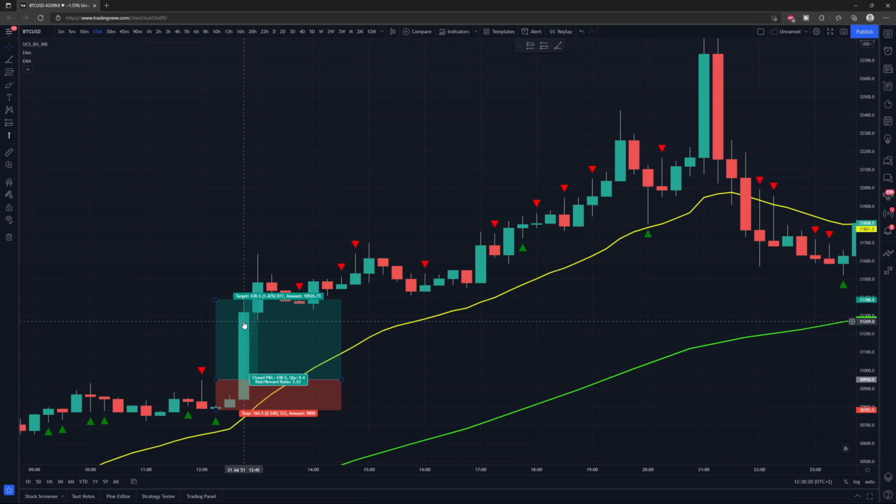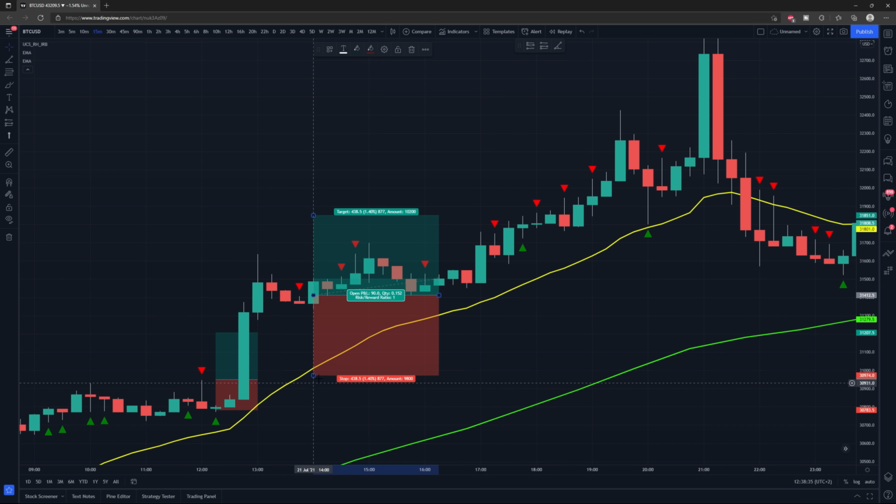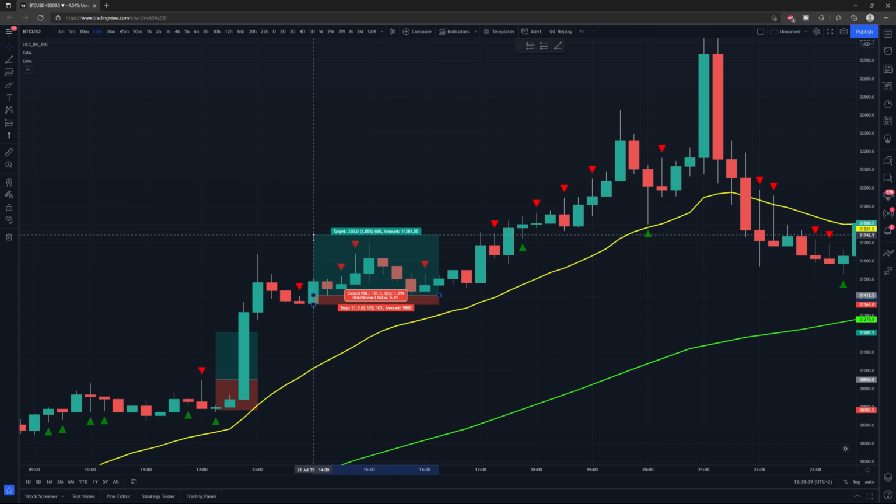It would be triggered in on this large green candle, and then the profit target will be 1.5 times the risk, which would be hit in that same candle that the entry is taken on. The next one will be right here where we see the entry is triggered. Stop loss will be just below that inventory retracement bar candle, and the profit target will also be hit on that same candle.